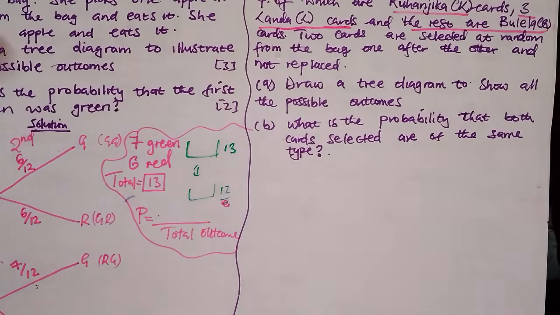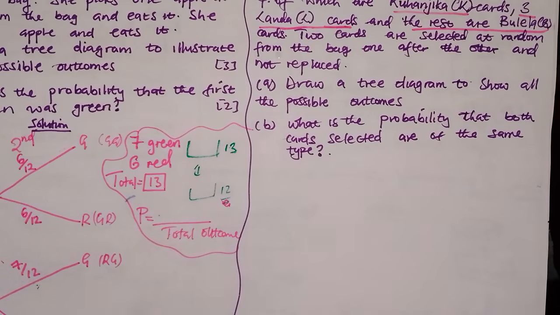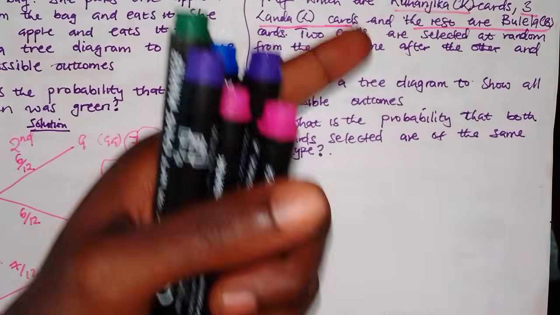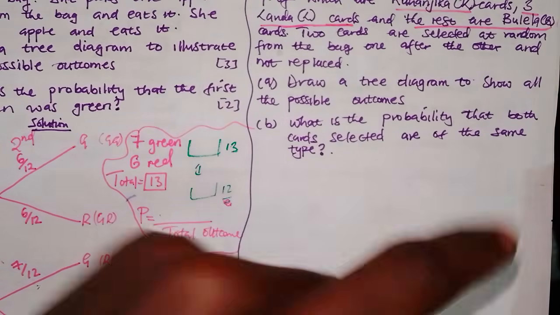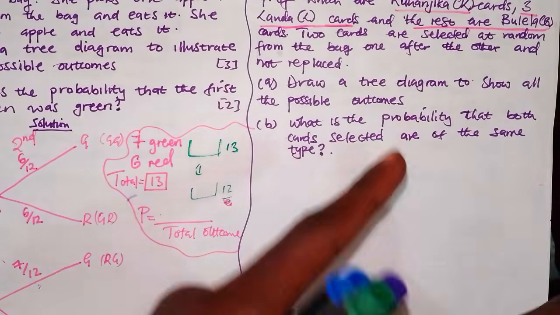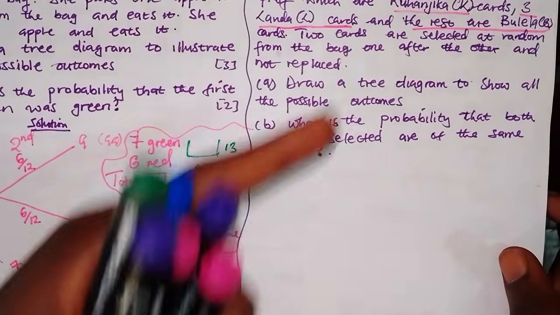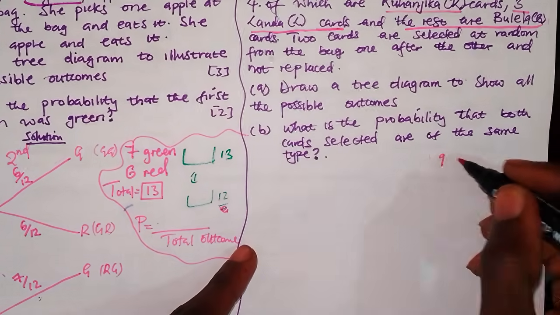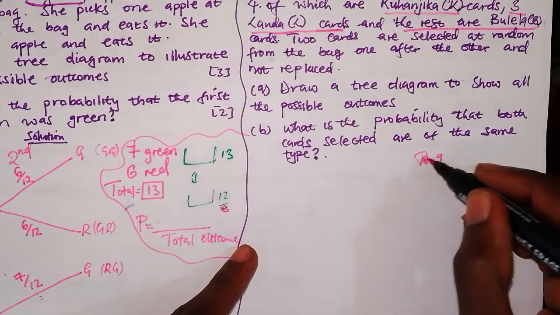They didn't give you the total. You are finding the total. So here ask yourself, why have they given me the total? Meaning there is one which you're supposed to calculate. They can't give you the total for nothing. So the bag contains 9. So we are saying the total is 9.